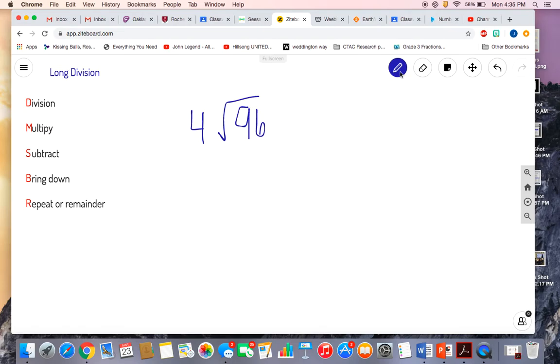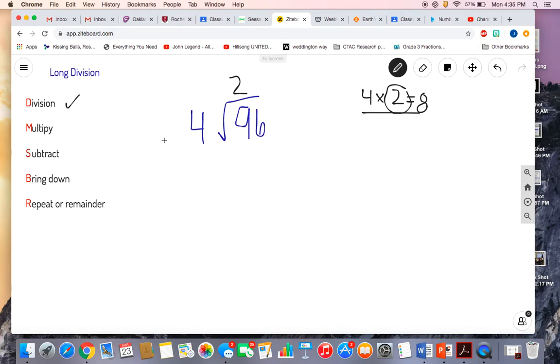Immediately I think of my quick math facts: 4 times 2 equals 8, and I know that 4 times 3 is 12, which is too big. So I'm going to stick with this math fact right here, 4 times 2 equals 8. So when I figure this out, I am going to take this 2 and rewrite it above my 9.